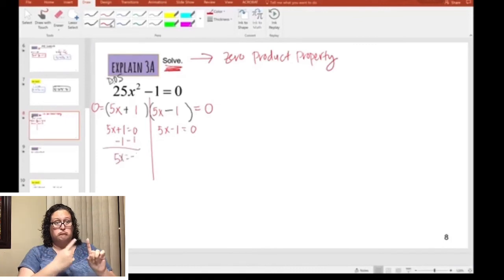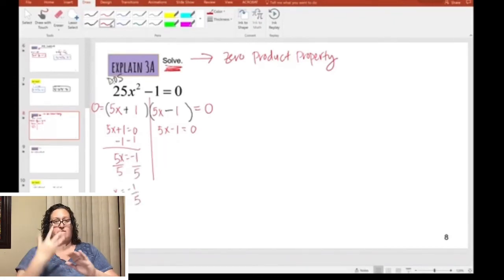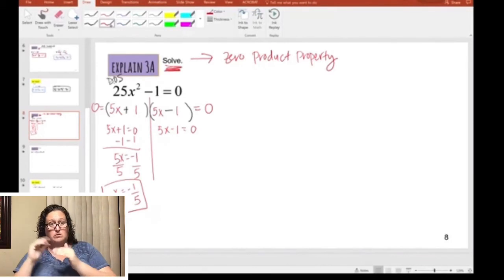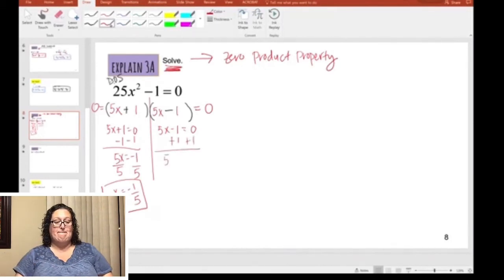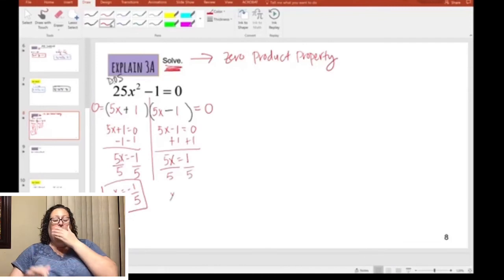We get 5x equals negative 1. Divide by 5, x equals negative 1/5. In our second equation, we have 5x minus 1 equals 0. Add 1 to both sides. We get 5x equals 1. Divide by 5, x equals 1/5.